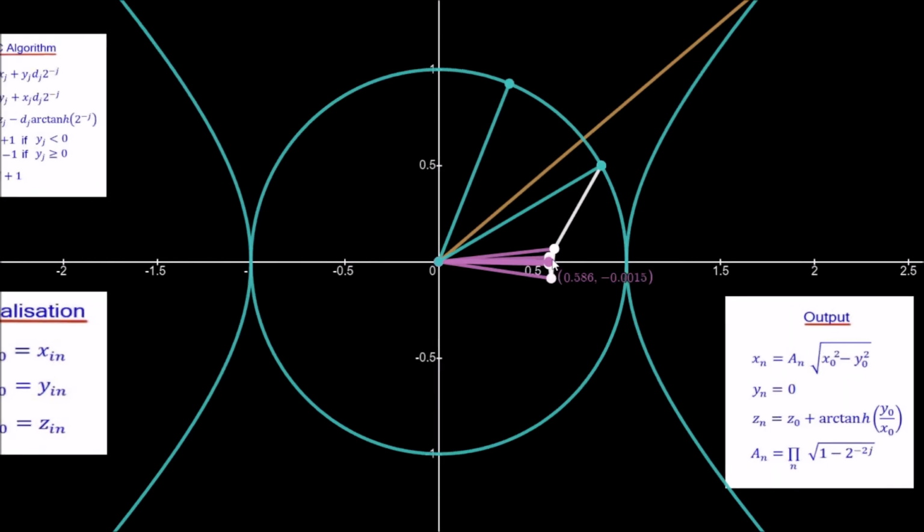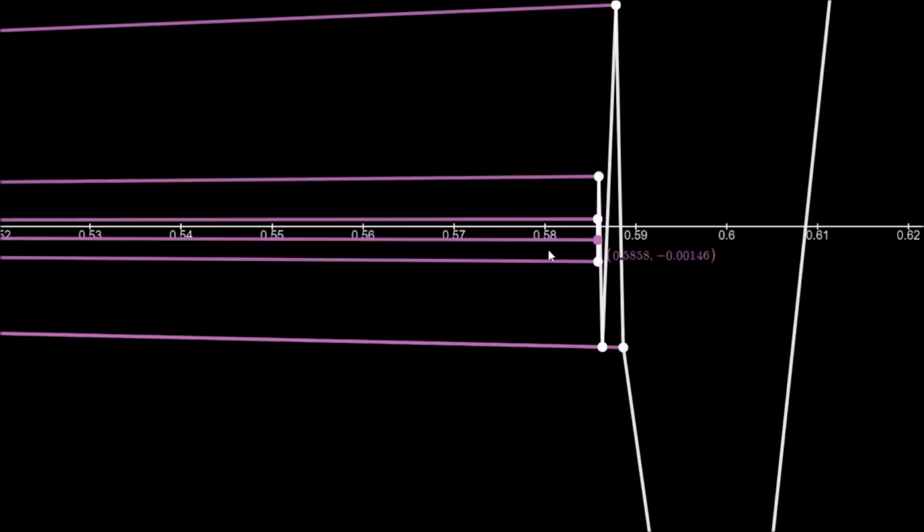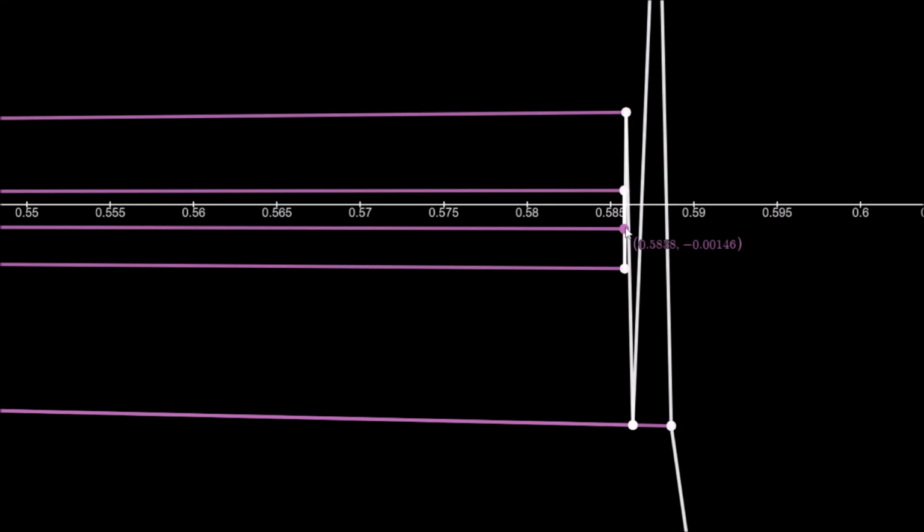So I've worked through all of the iterations, and you can see that the final value down here is given by this little pink dot, and you can see that it's a value of minus 0.00146. So the y value here is in effect tending towards 0.